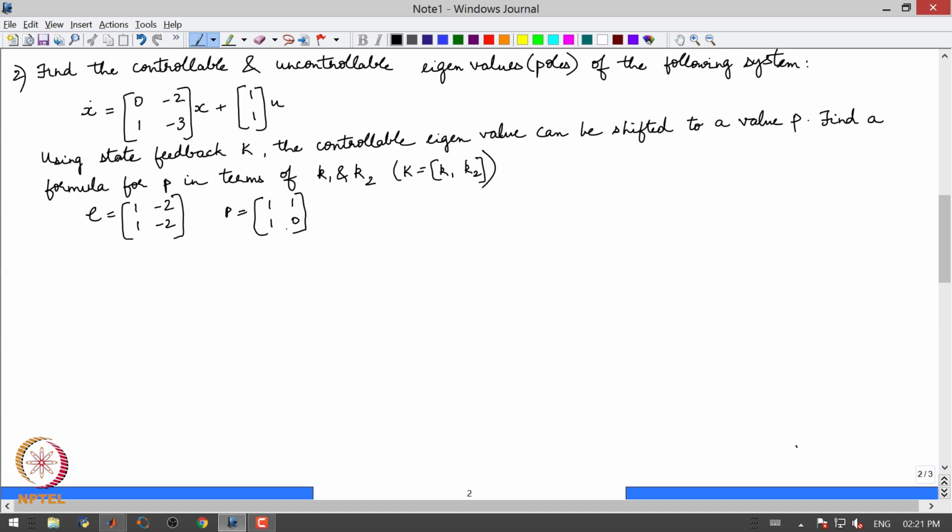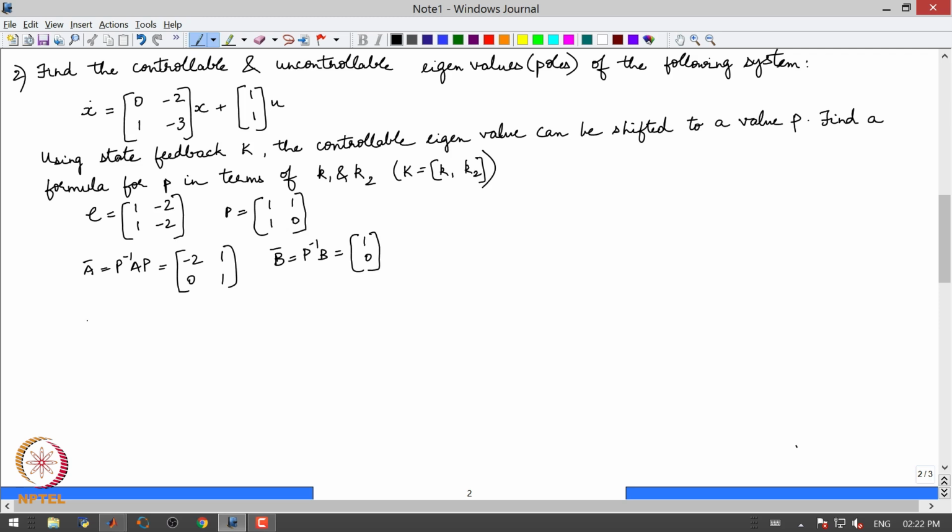So, now using this I will find out A bar equals P inverse A P, and if I do that I will get minus 2 1 0 1, and similarly B bar as P inverse B, and this I will get to be 1 0.